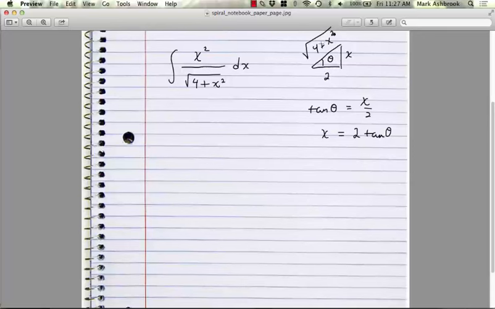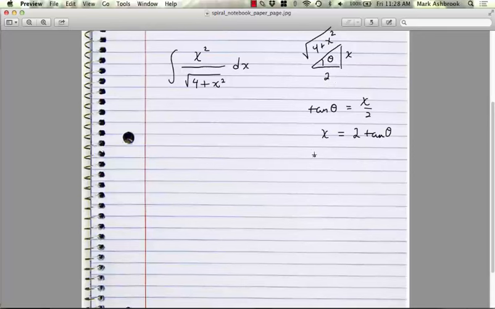And then what about the square root of 4 plus x squared? We need to associate that with another side to do one of these ratios. Do we want to do opposite or adjacent? We don't want to involve another x, right? Constants are what we love. They're our friends, they're easy. So we want to associate this with a constant.